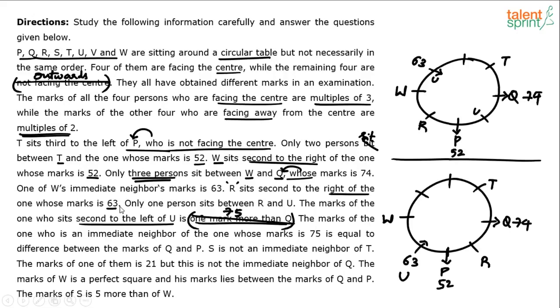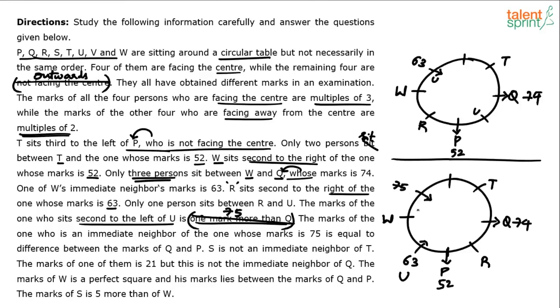Now, what is left of U? We can't say. For example, in the second case at least, left of U should be clockwise because U is center facing person. You see, in case number 2, U is center facing person. So second to the left of U, first and second, left of U will be clockwise. This will be 75. And since this is 75, this person also will be center facing because 75 is a multiple of 3.